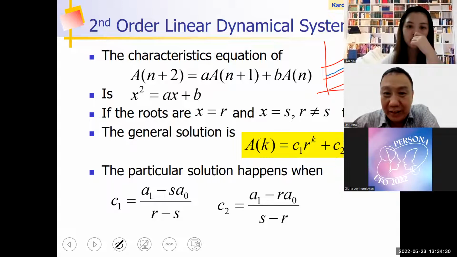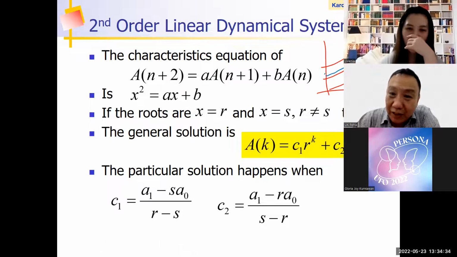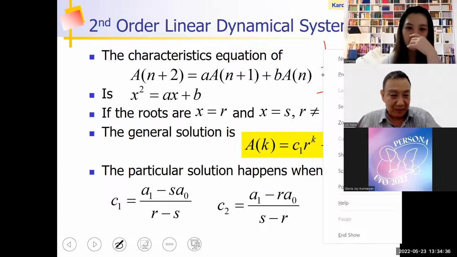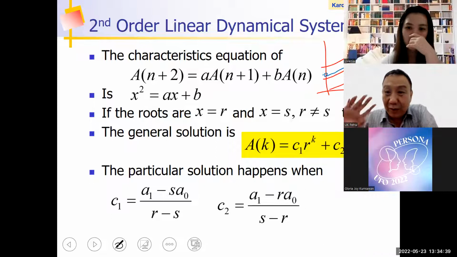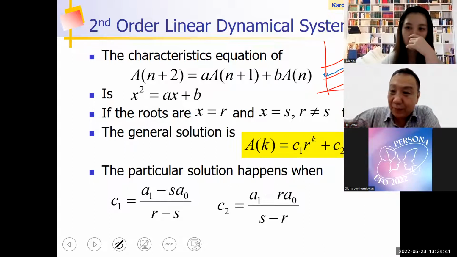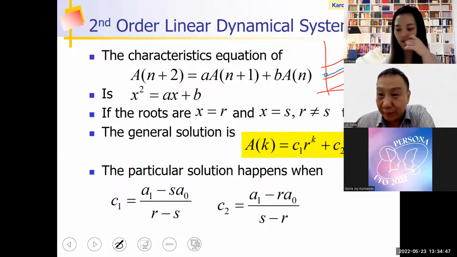That blue line is the particular solution because I know the initial value. If I don't know the initial value, I only know the shape, the gradient, so it becomes the red curve.